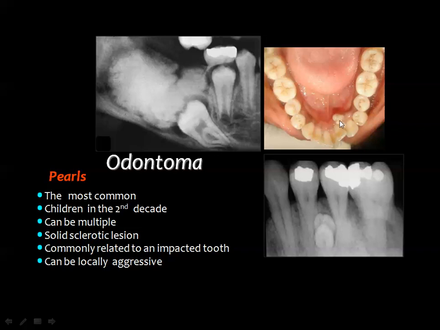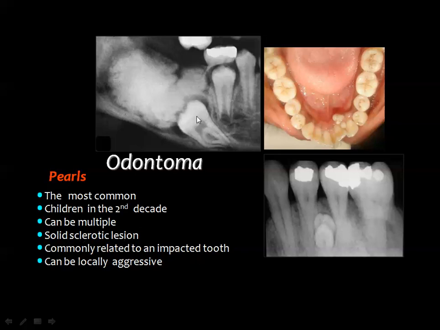Then the main findings about odontoma: this lesion is the most common. It occurs in children in the second decade of life. It can be multiple. It is a solid and sclerotic lesion, commonly related to an impacted tooth like this one, and it can be locally aggressive.